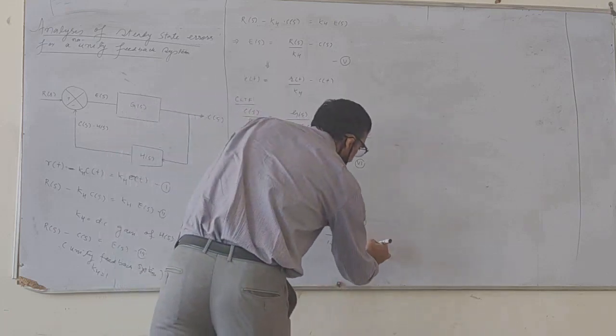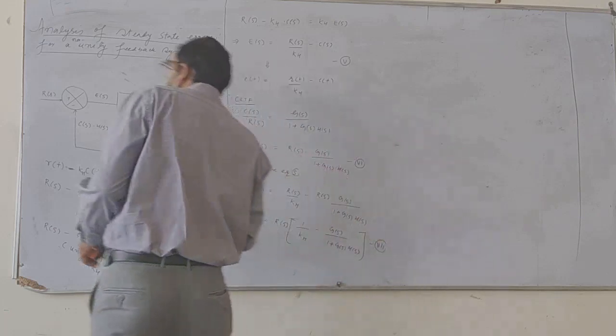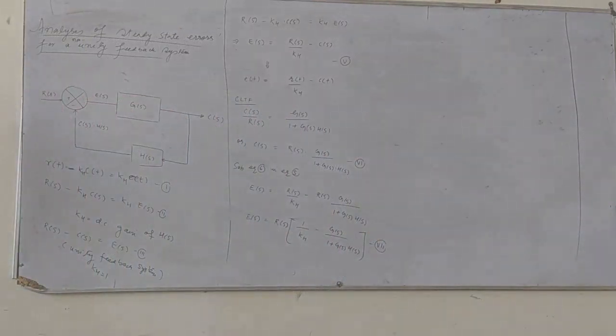So this is equation number 7, and this is the equation for the error if we have a non-unity feedback.